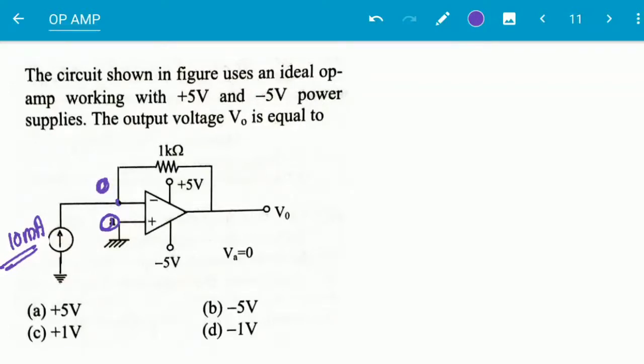So the output voltage will be potential 0 minus current, suppose the current is I, current into 1K will be equal to V0. And what will the current be?